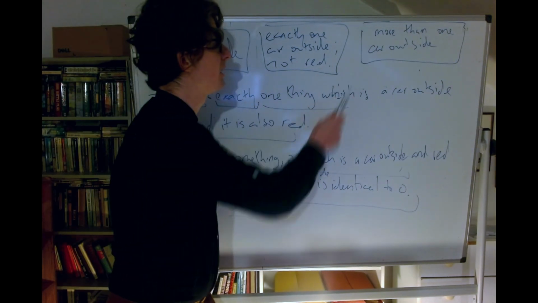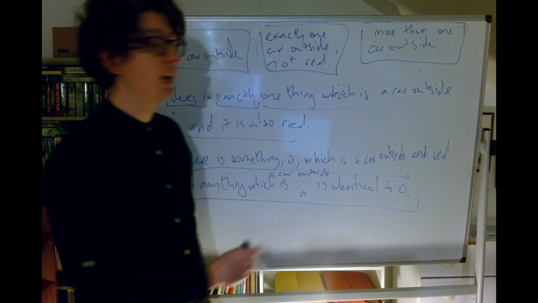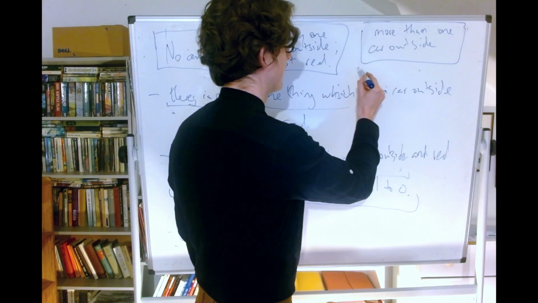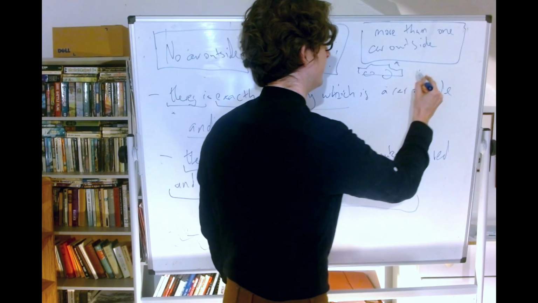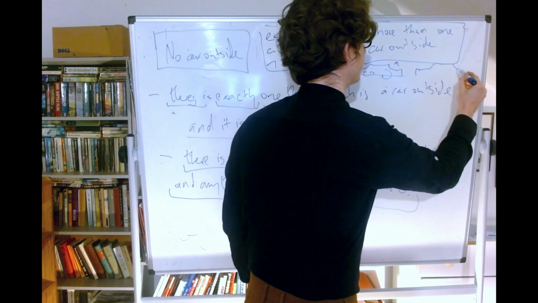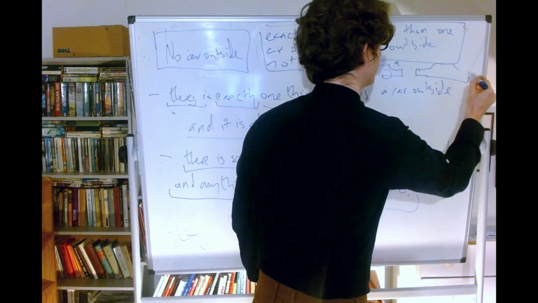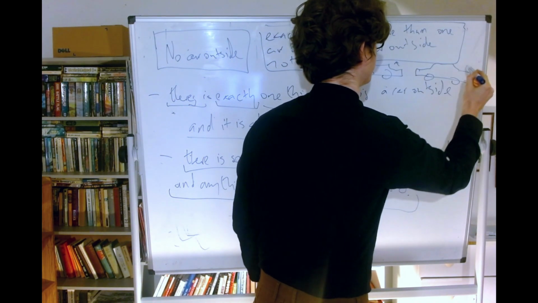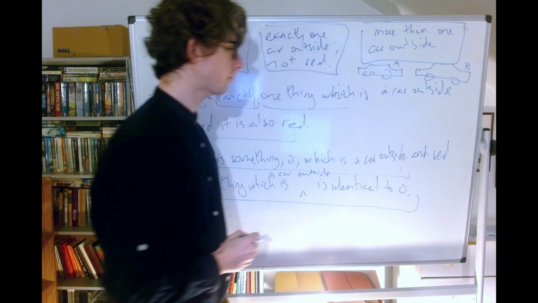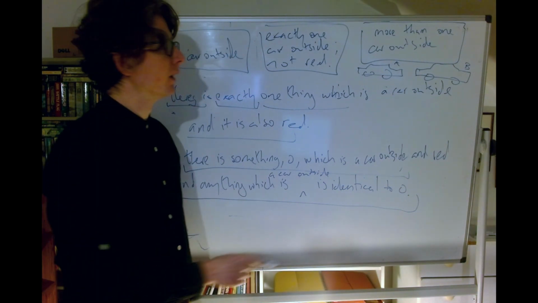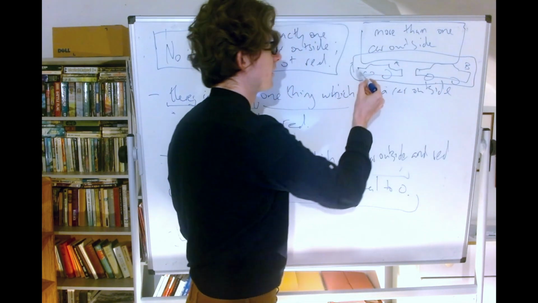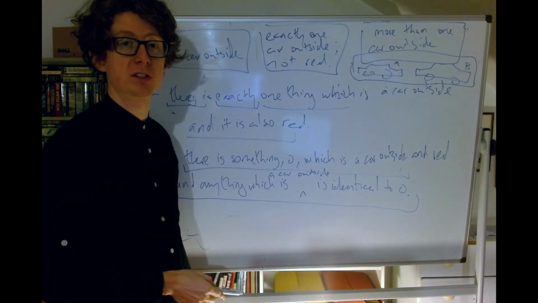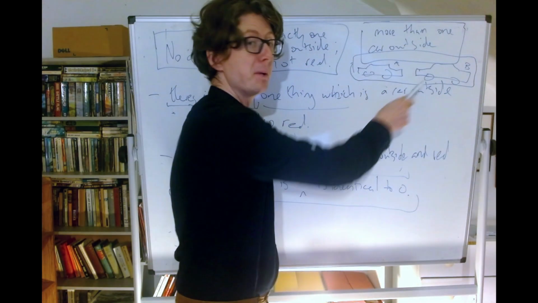So we've got a situation where there's more than one car outside. In a situation like that, maybe we have car A, and we have car B. Now, the crucial thing to note is that when you've got two cars outside, A and B can't be identical.